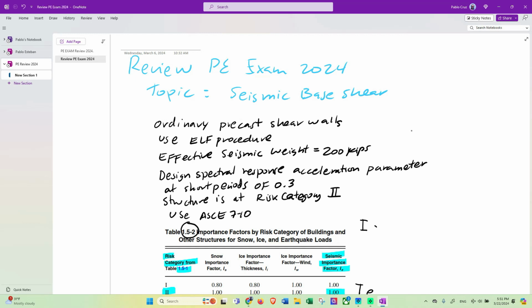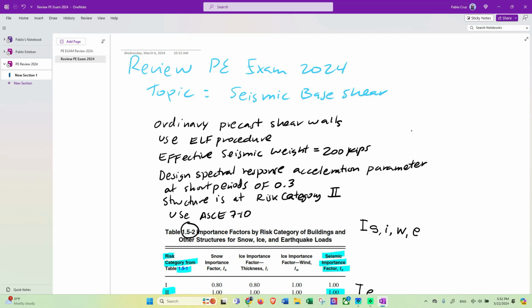We have for snow I sub S, for ice I sub i, another importance factor for wind, I sub W, and one little e, which is for earthquake. So we're talking right now about 4 different importance factors that are listed on this Table 1.5-2.